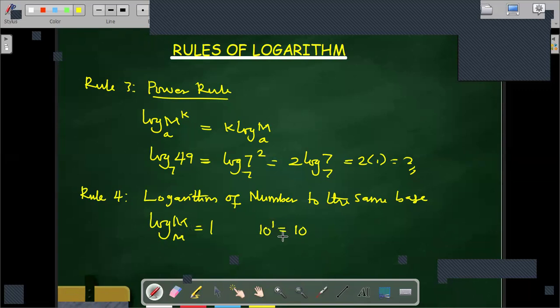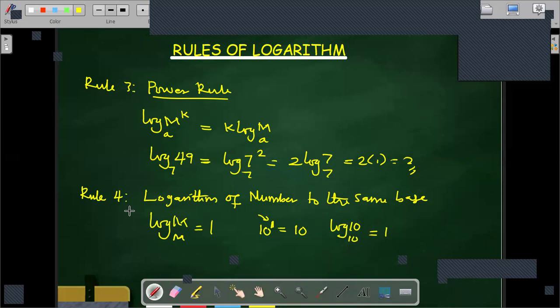The power to which 10 is raised to get 10 is 1. So if this is transformed into logarithmic form, the logarithm of 10 to the same base 10 is that index power 1. Okay, good.